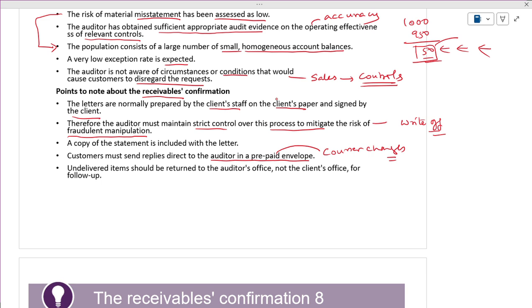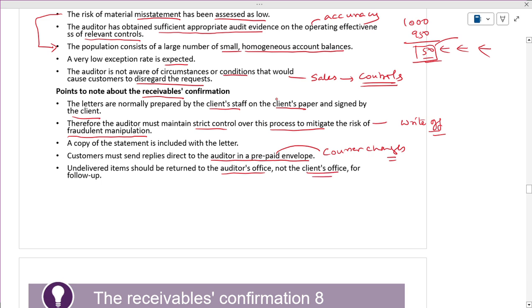You are paying the courier charges in advance so that the customer will not have to do anything. The customer will write the confirmation, respond to the query, put the things in, and send it back to you. Undelivered items should be returned to the auditor's office, not to the client's office.